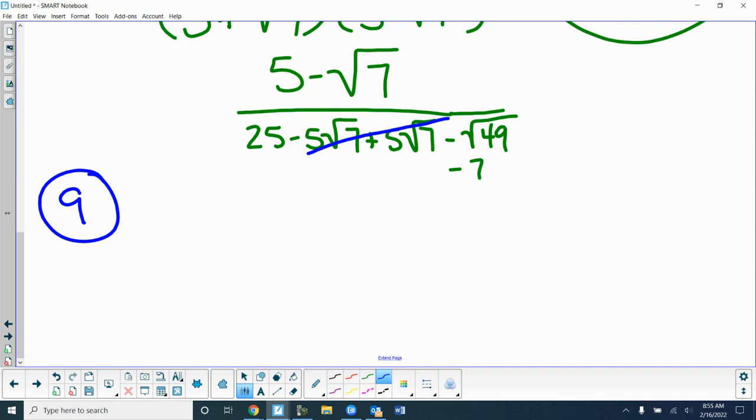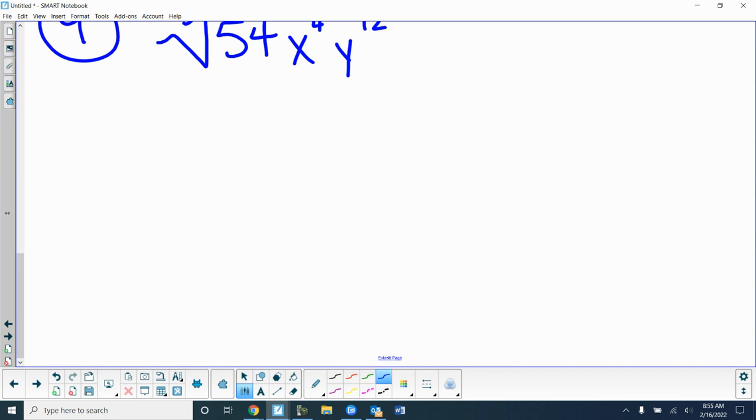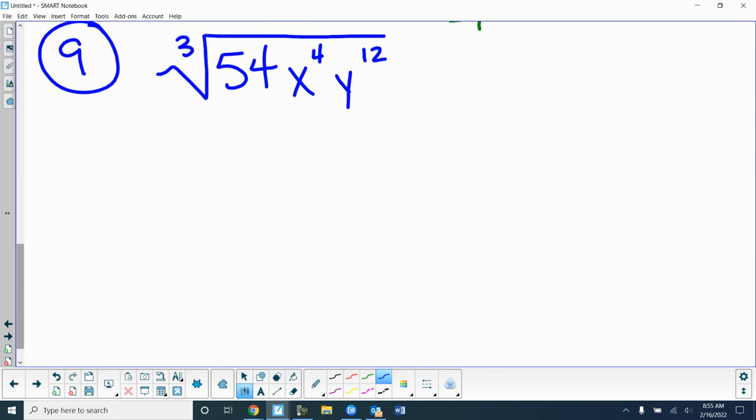Number 9, we're simplifying an expression. We got the cube root of 54, x to the 4th, y to the 12th. So I'm just going to show all the work. You don't actually have to do that if you don't want to, but I'm going to say 9 times 6 for 54, 3 times 3, 3 times 2.